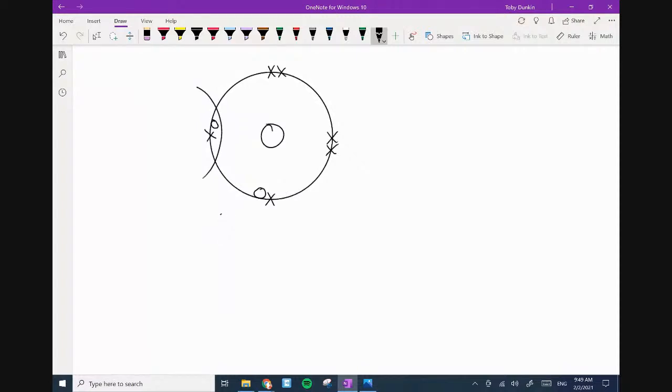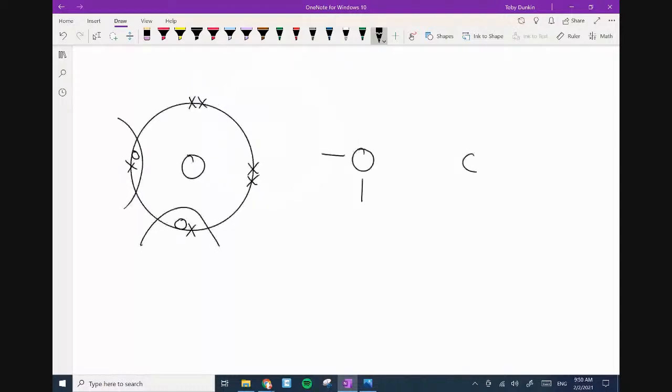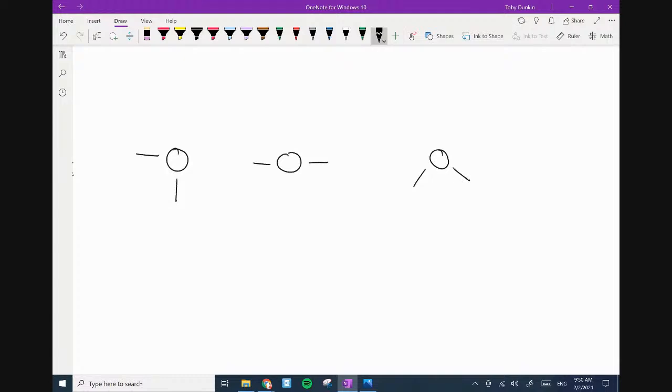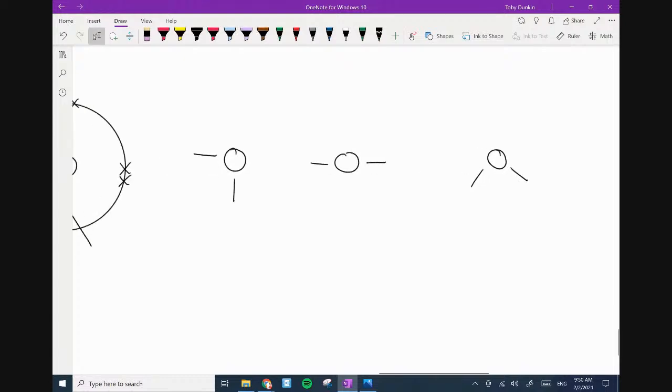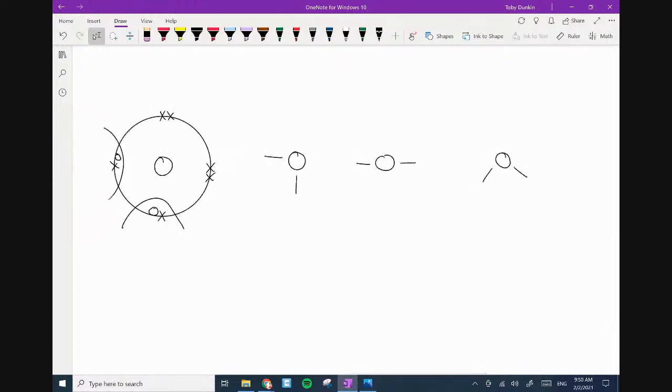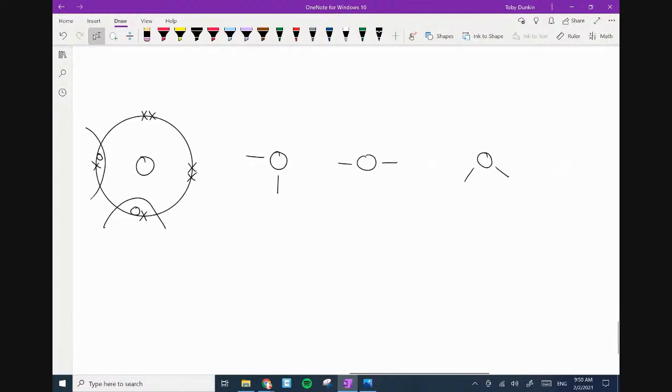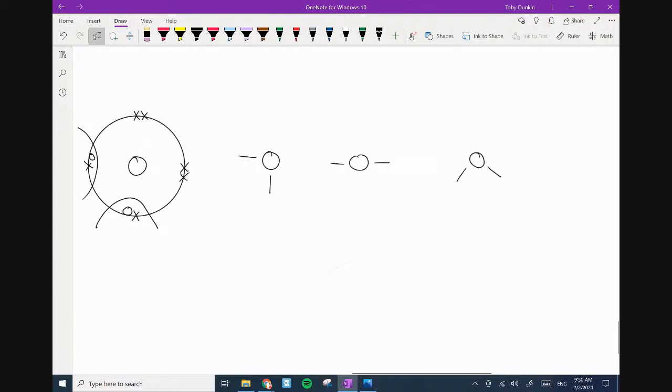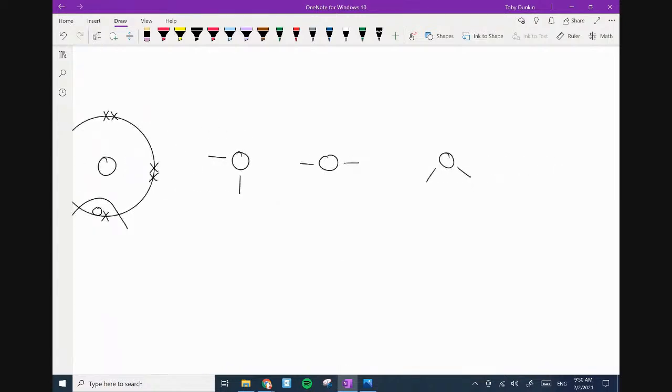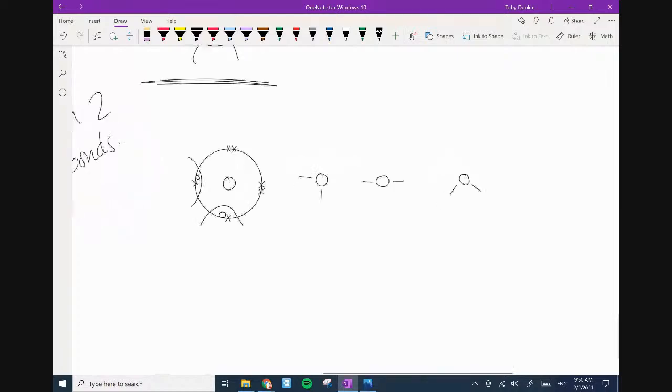It's going to form 2 bonds. O, stick, stick. By the way, that is the same as O, stick, stick. That's exactly the same as that. Just to tell you, in terms of GCSE, you don't need to know the difference. Oxygen actually forms a bent bond in water. It doesn't actually do linear. It's actually bent, but you don't really need to worry about that at GCSE. They're all the same.